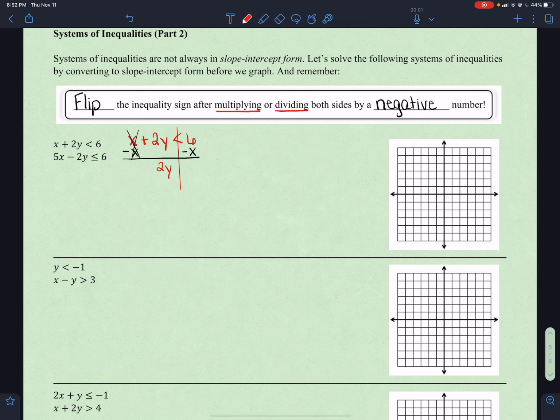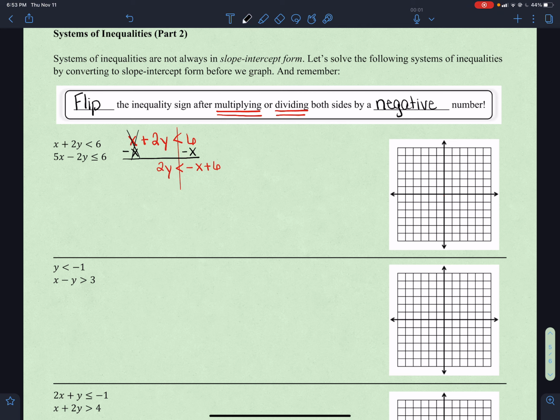So I've got 2y is less than negative x plus 6. And now I didn't multiply or divide by a negative number, so I did not flip the inequality. Yes, I subtracted something, but the rules say if we are multiplying or dividing by a negative number, which we have not done.